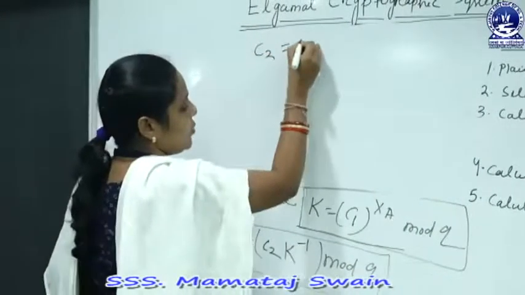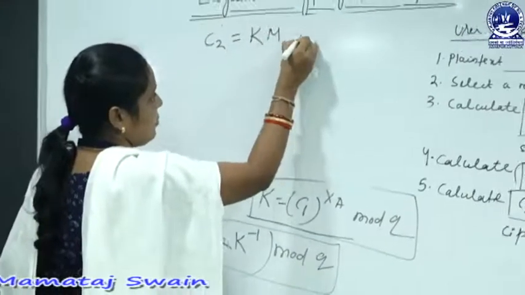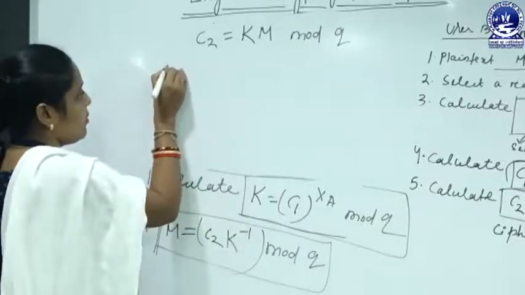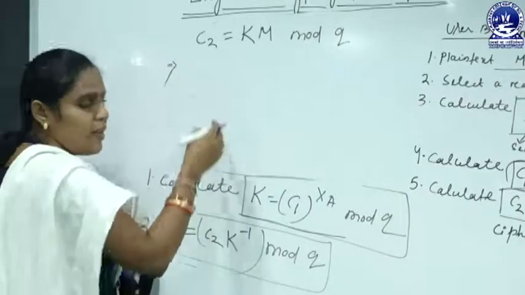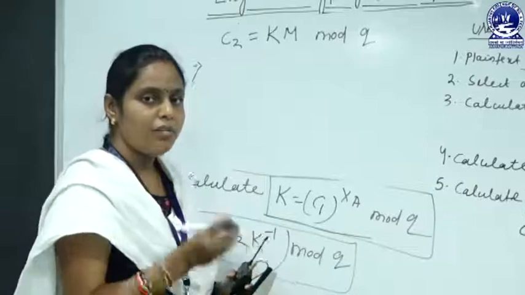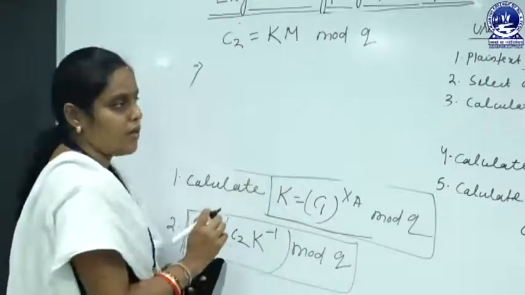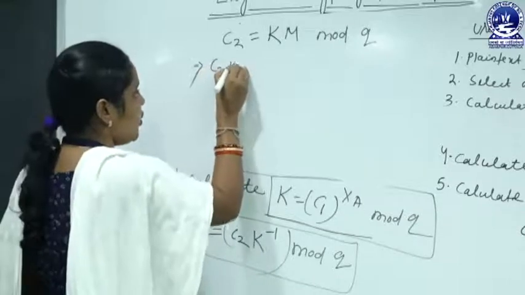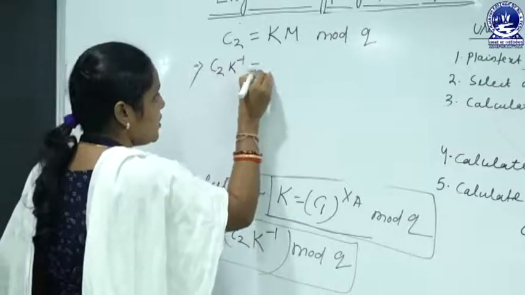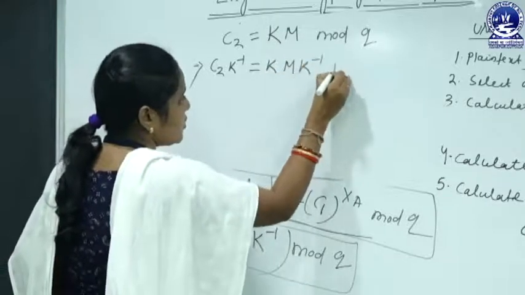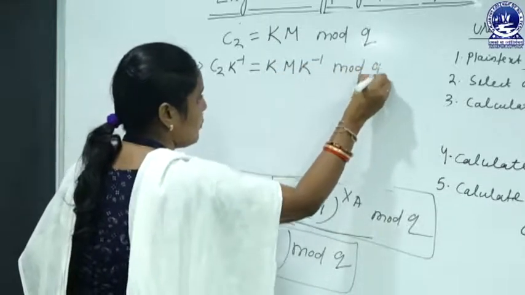Here I am taking C2 equal to km mod q. Now I am taking k inverse and multiplying it on both sides of this equation. That means C2 k inverse is equal to km k inverse mod q.